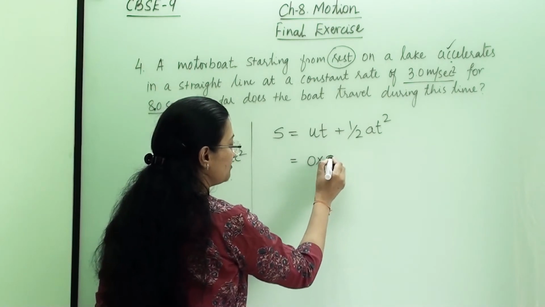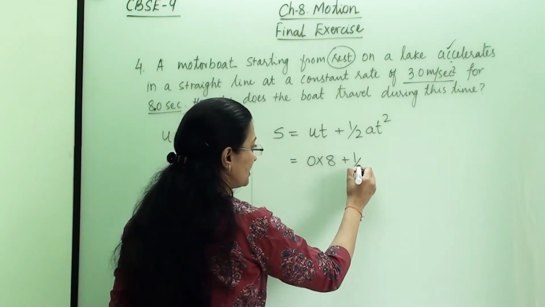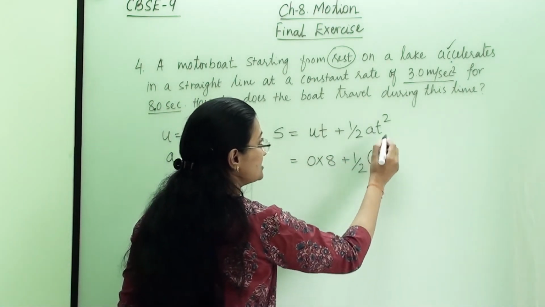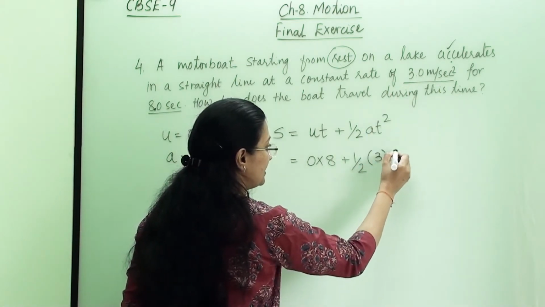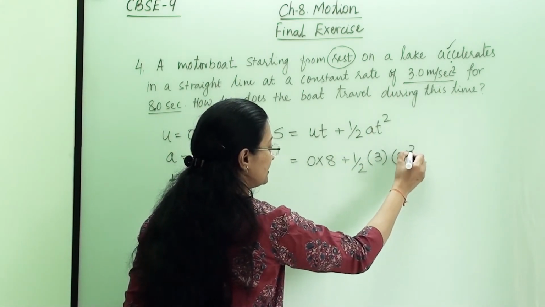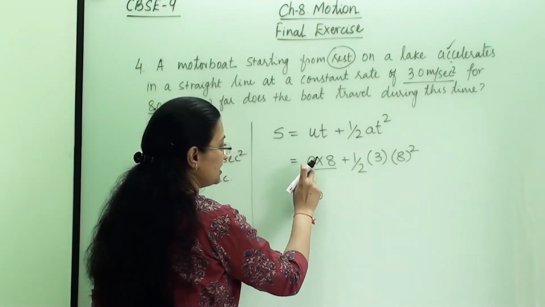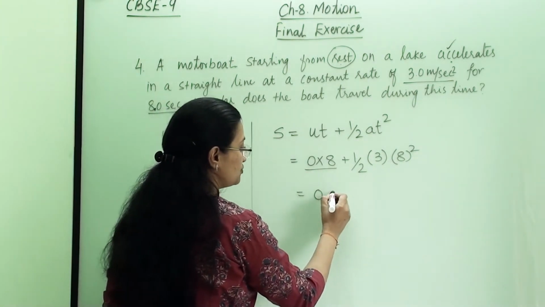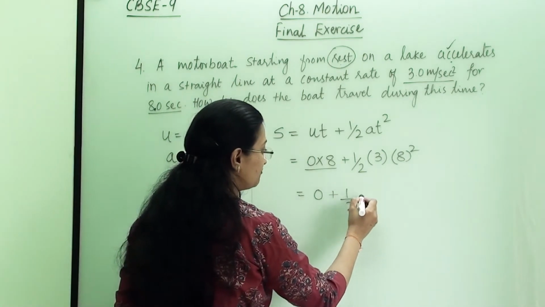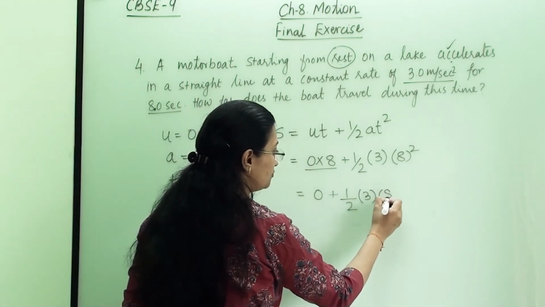Then time they have given is 8, plus half into a, which is 3, and then again t is 8, and that too its square. The first term will be 0 because it is multiplied with 0. So the remaining term is half into 3 into 8 square.